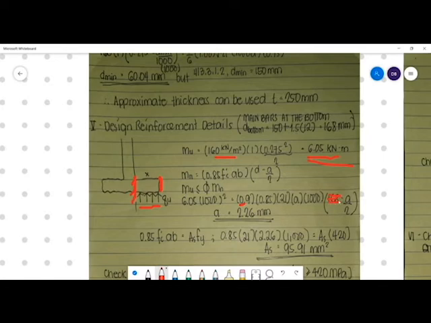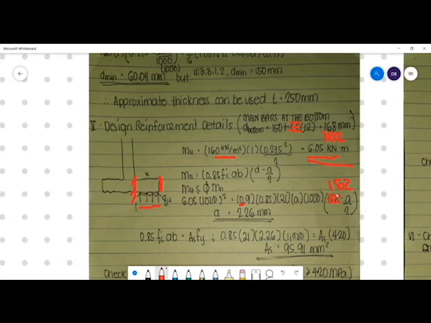This is not 150. This is the mistake that I made on my previous problems. So this is equal to 162, minus a over 2.